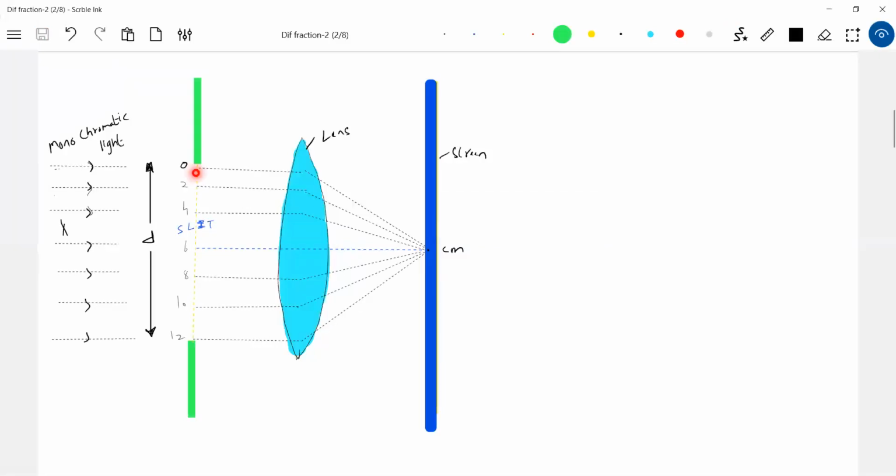Every point on a slit will behave like a source of light. This is a slit; I'll write in only one diagram because a lot of space is needed. Let the ray of light fall on this one point.